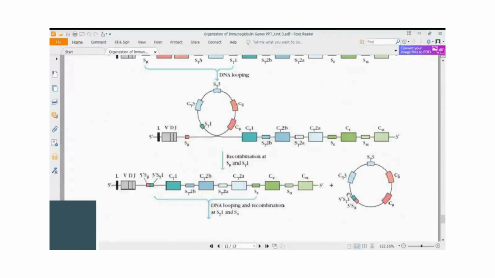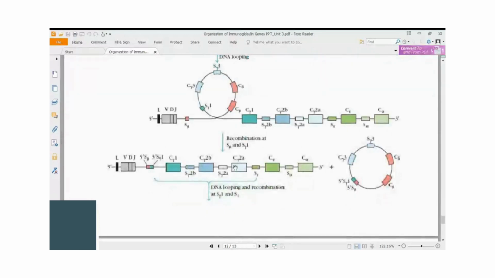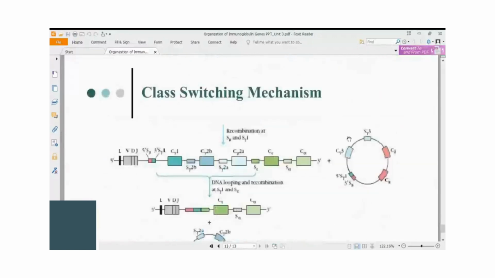This is the deleted segment where C mu, C delta and other segments are deleted, and the recombination has resulted in VDJ combining with the C alpha 1. Now let us say it is going to go for a second recombination because that B lymphocyte has decided to produce Ig epsilon, that is IgE. These segments have to be deleted, and that will happen like that here.